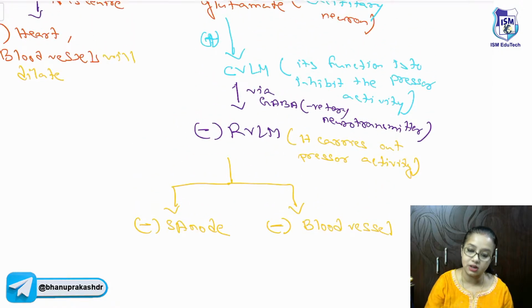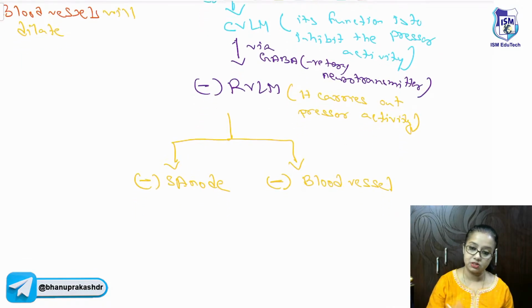So, the caudal part via the GABA will quieten or inhibit the rostral part. As a result, there will be additional inhibition to the SA node, which will give out the autorhythmicity at a very slow pace because the blood pressure has gone up, it has to be brought down, and also the blood vessel will be dilated.